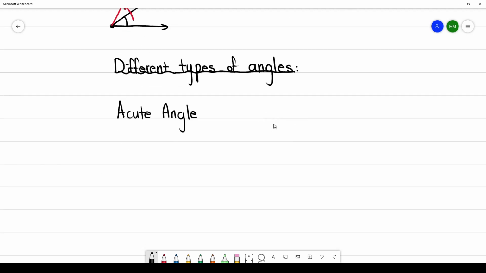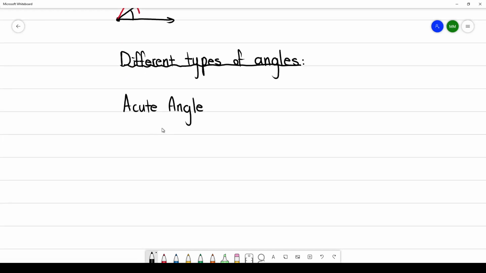So an acute angle is where you have an angle that is less than 90 degrees. So this angle here, less than 90 degrees. So what is this 90 degrees? Well, when you have an angle that is exactly 90 degrees, you get a right angle.